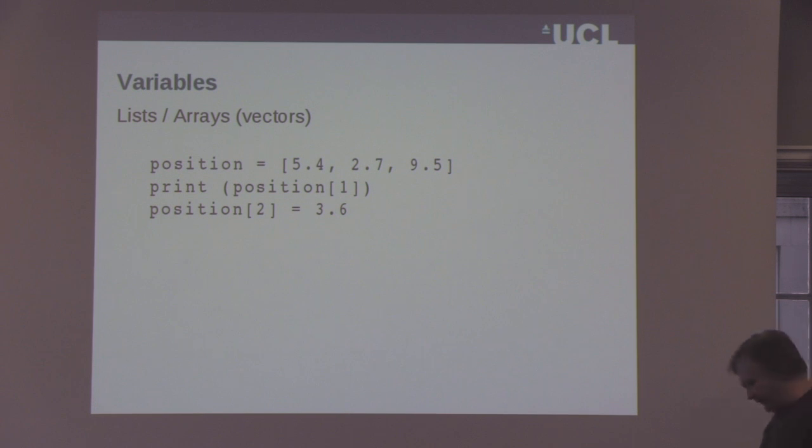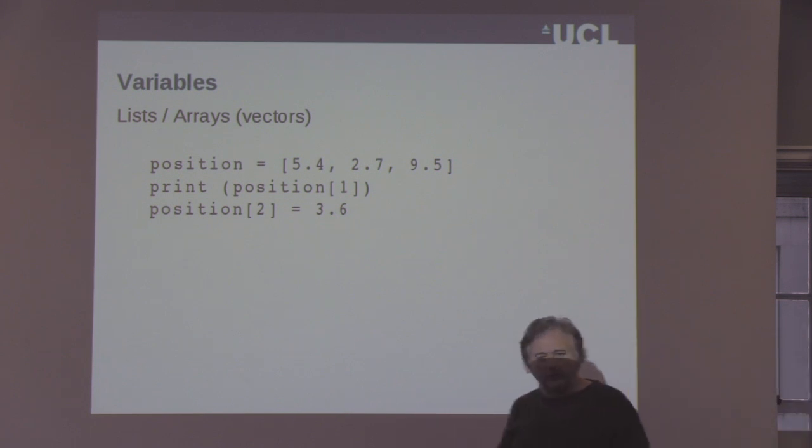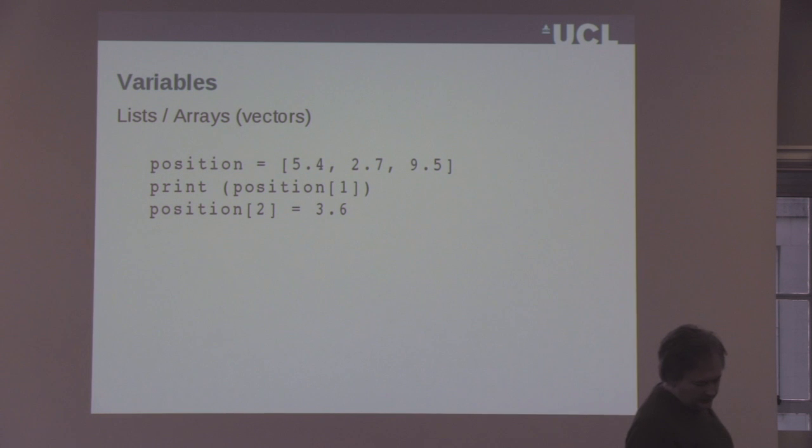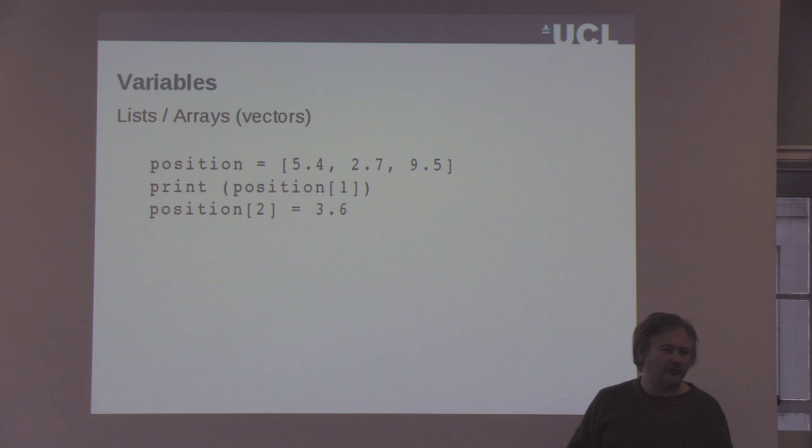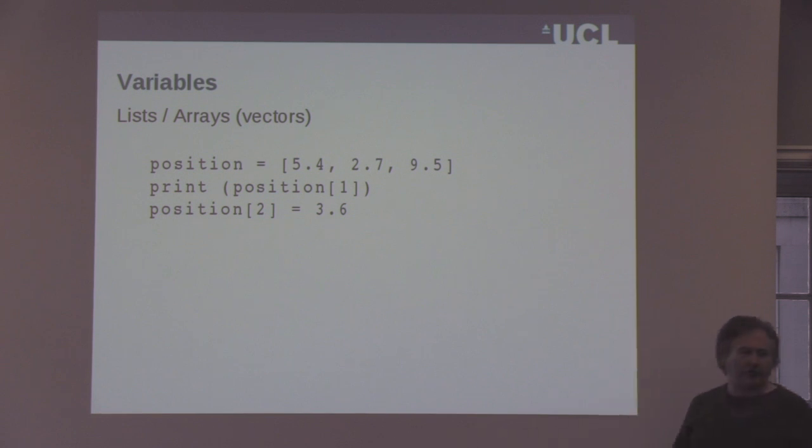The second type of variable is known in Python as a list. Other languages call them arrays, but it can also be thought of as a vector. So basically a group of numbers, or indeed a group of strings of text as well, that are associated together.